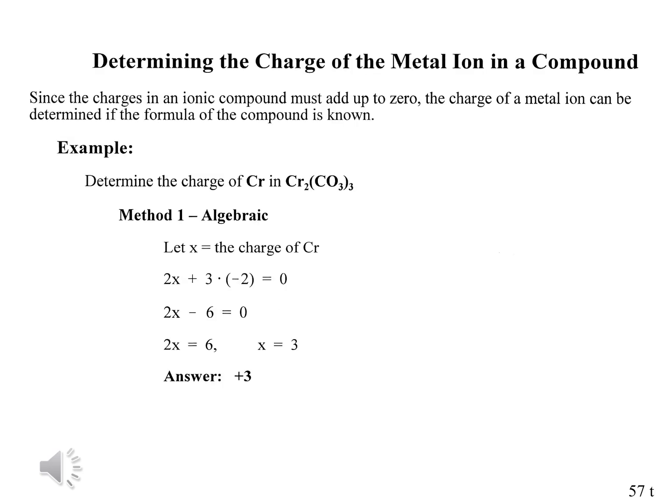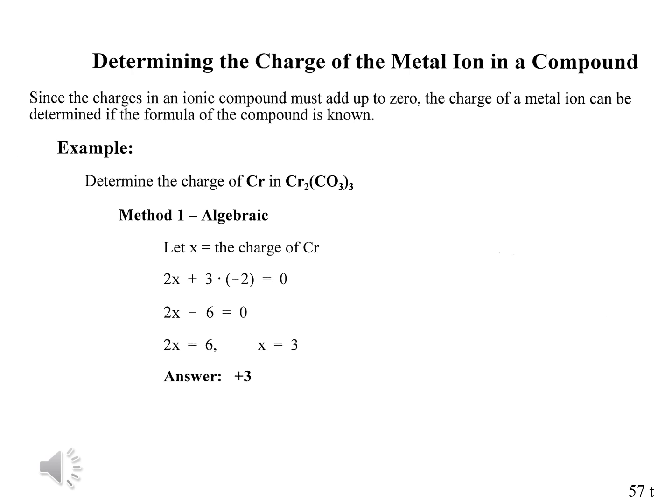Sometimes when you're doing a problem, you have to do the reverse, where you know what the formula is, but you don't know which charge the metal ion has. So I showed an example here of where you know that you're dealing with a compound that's chromium carbonate, but you don't know which charge the chromium has.